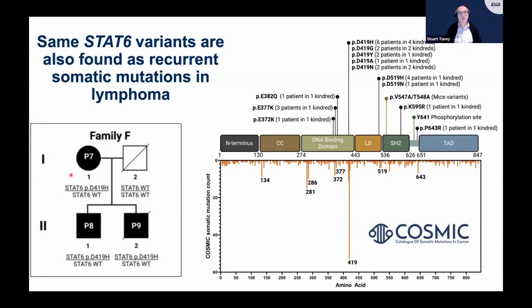And the affected mother, who's the oldest in the cohort, developed B-cell lymphoma in her 50s that was treated and then had a recurrence of a more aggressive form of B-cell lymphoma approximately 10 years later. So I think this is something to be aware of with patients with STAT6 gain-of-function disease.